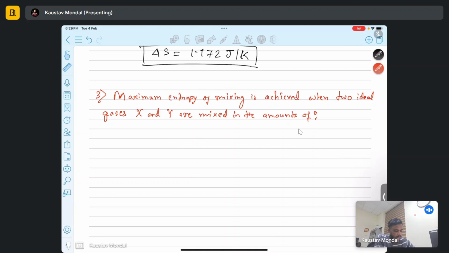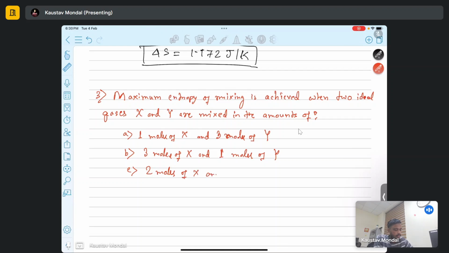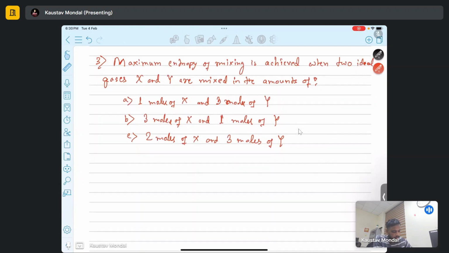Option A is 1 mole of X and 3 moles of Y. Option B is 3 moles of X and 1 mole of Y. Option C is 2 moles of X and 3 moles of Y. Option D is 2 moles of X and 2 moles of Y.